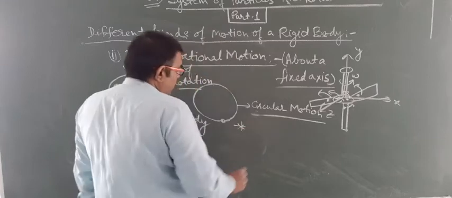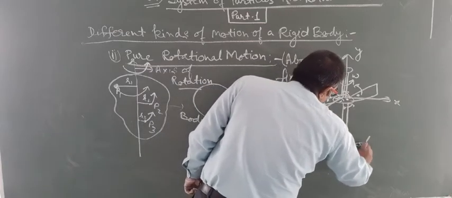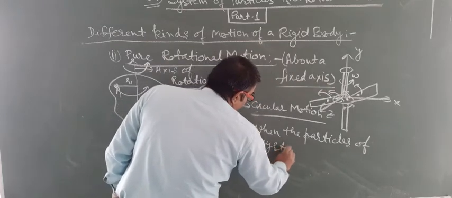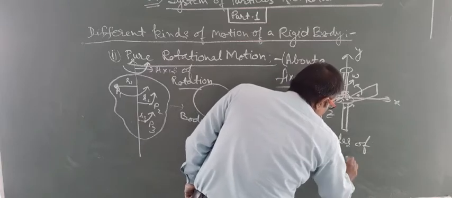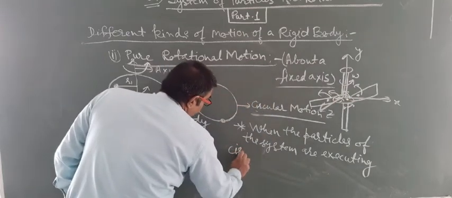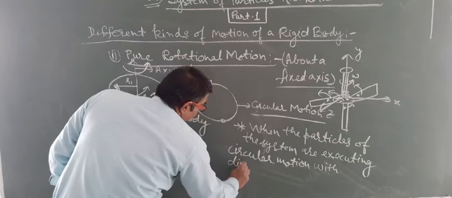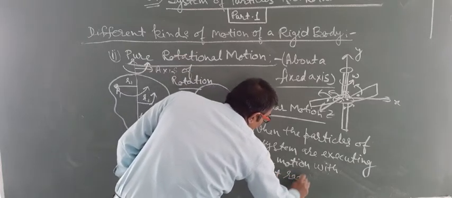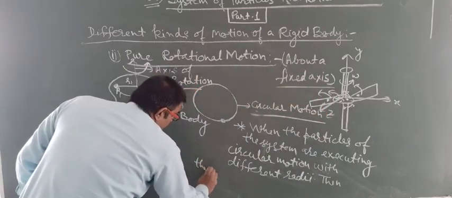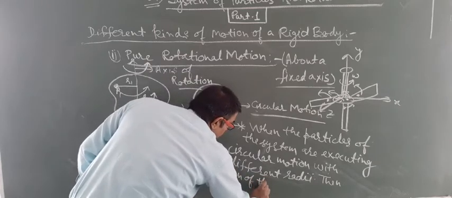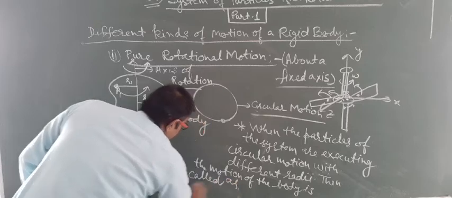You can define it as: when the particles of the system are executing circular motion with different radii, then the motion of the body is called rotational motion.